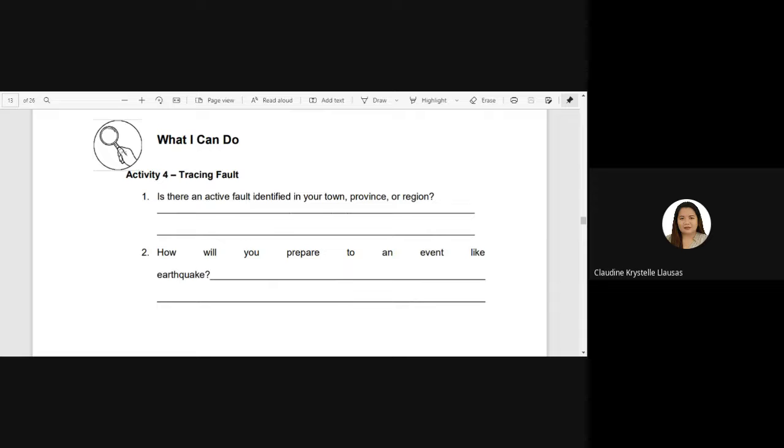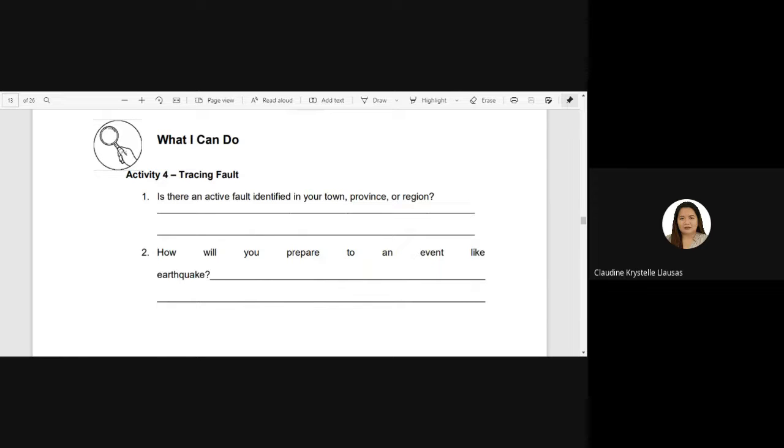So now, as students, how will you prepare yourselves to an event like earthquake? Sige, maminaw tabi. Manawag ko. I'll call students na makatubag. How will you prepare yourselves to an event like an earthquake?